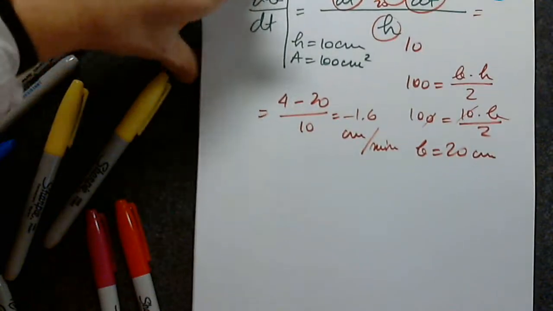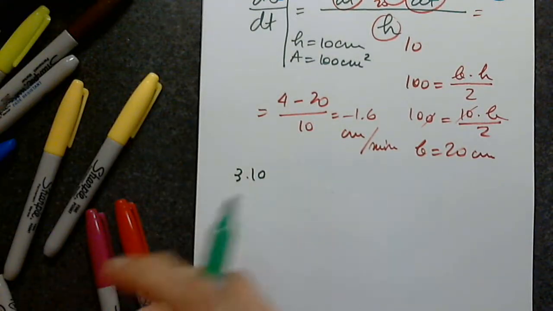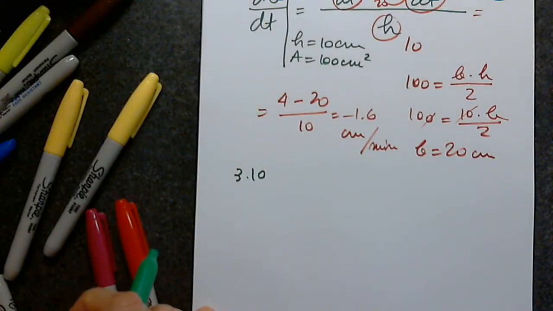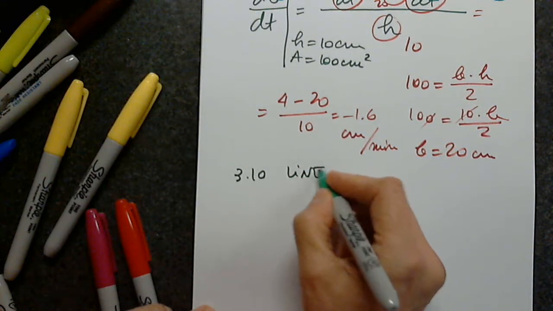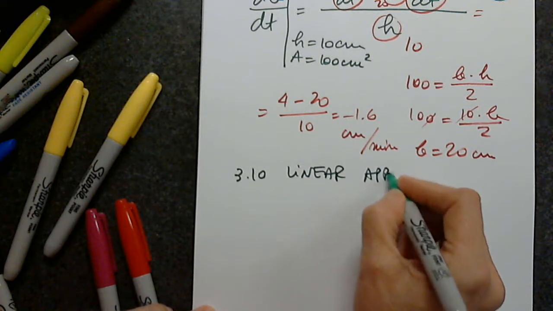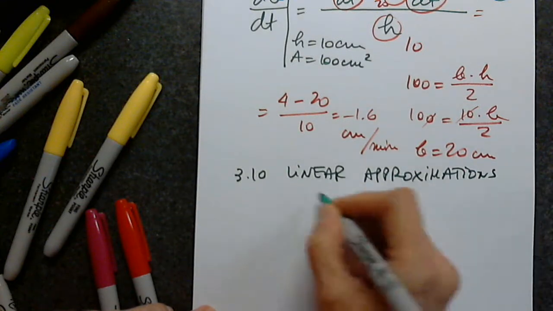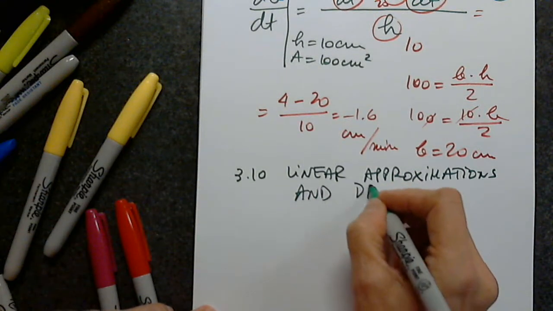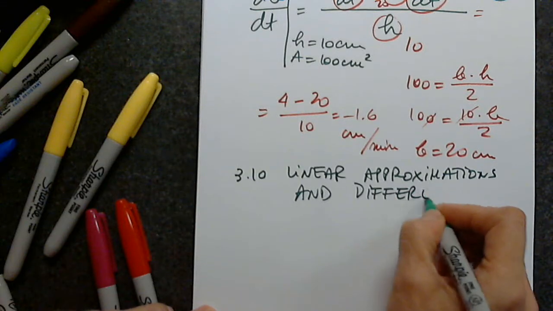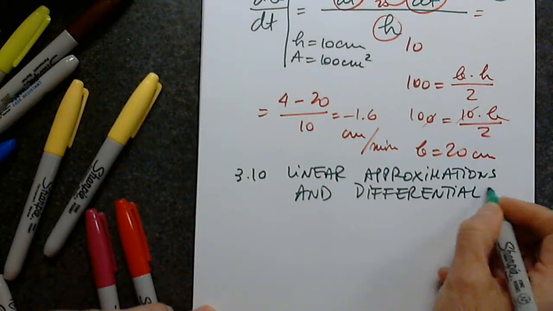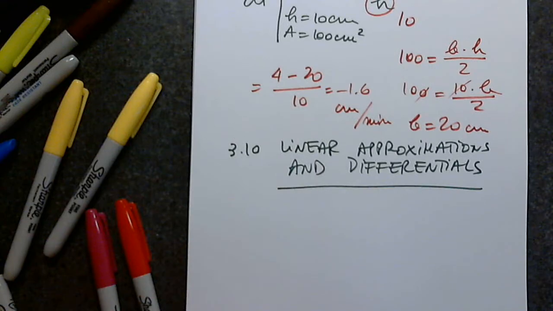So let's take a look at 3.10. Linear approximations and differentials. This concept was discussed last time when we looked at the cost and marginal cost function.